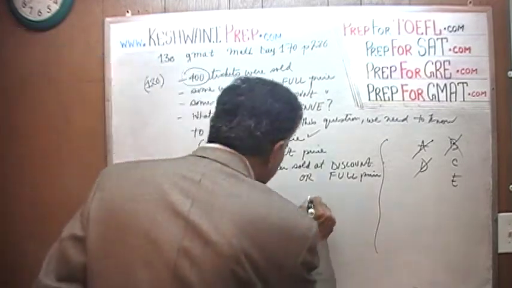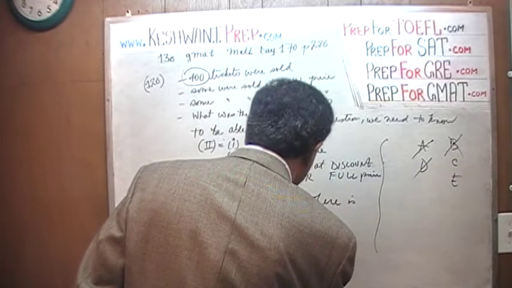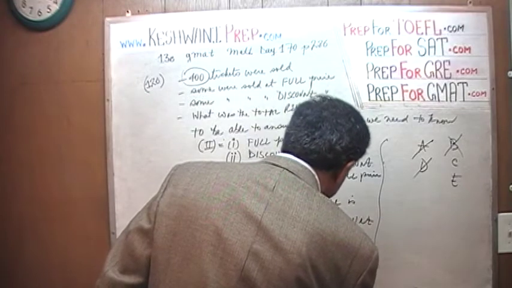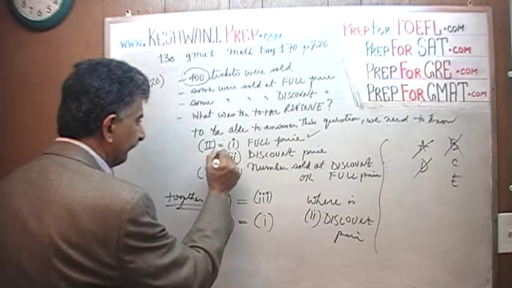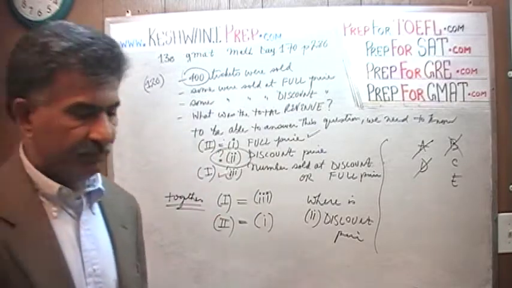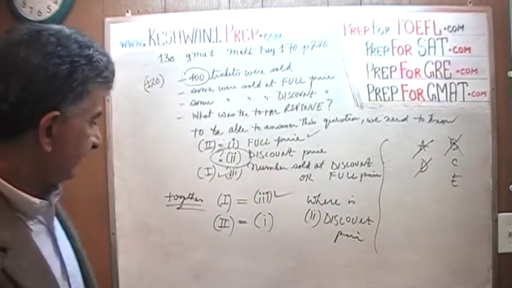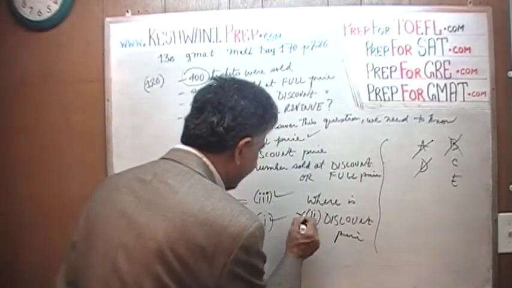But where is the discount price? This part is still missing. The discount price is still missing. Statement number 1 gives us the third piece of information that we need. Statement number 2 gives us the first piece of information we need. But where is the second guy, the discount price?